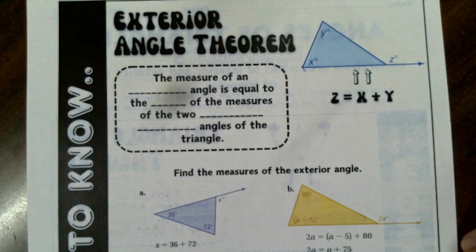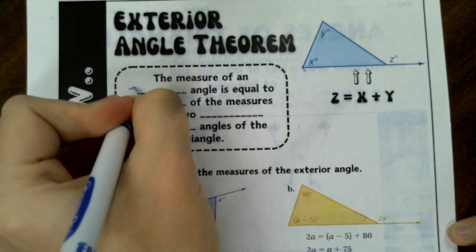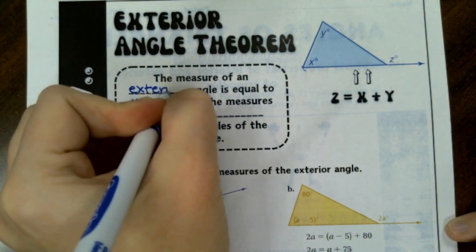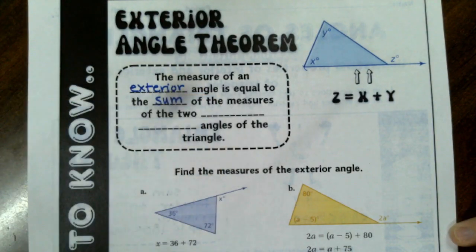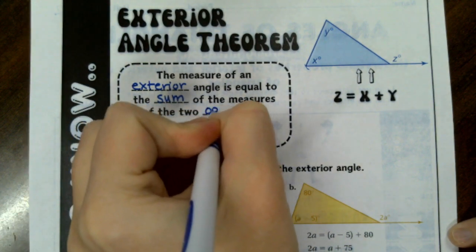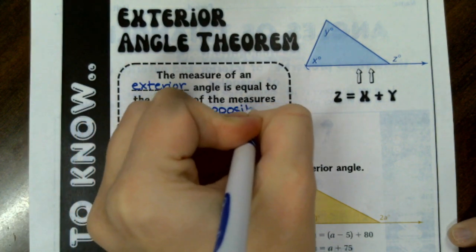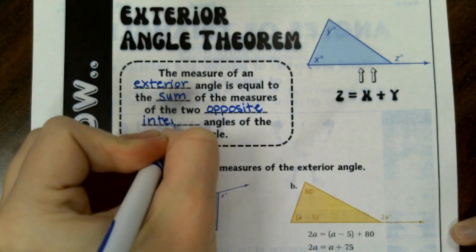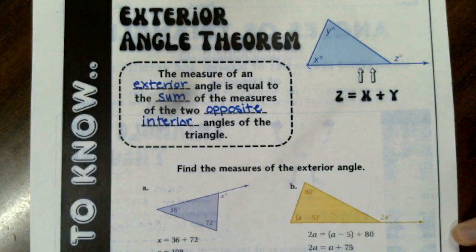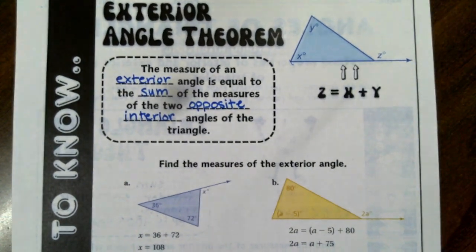The measure of an exterior angle is equal to the sum of the measures of the two opposite interior angles of the triangle.